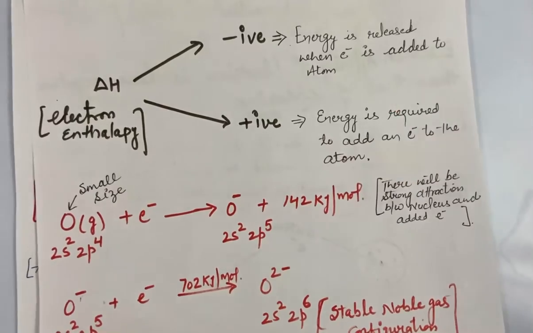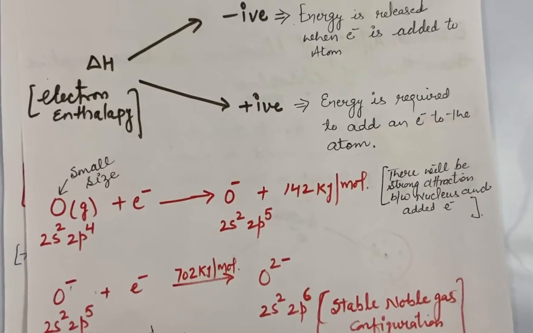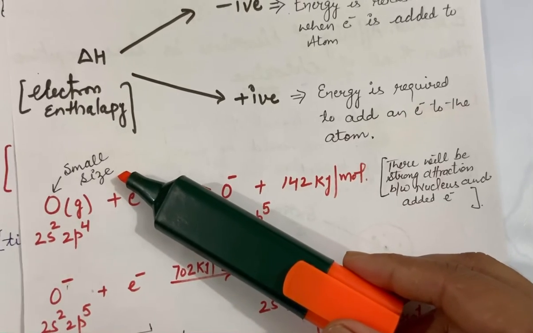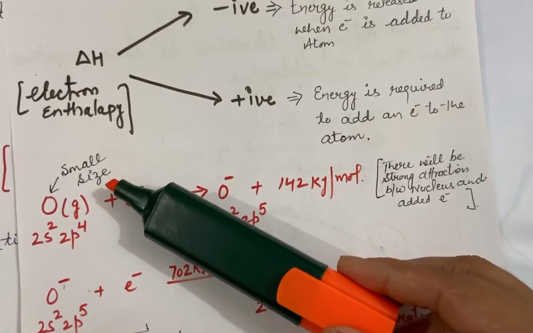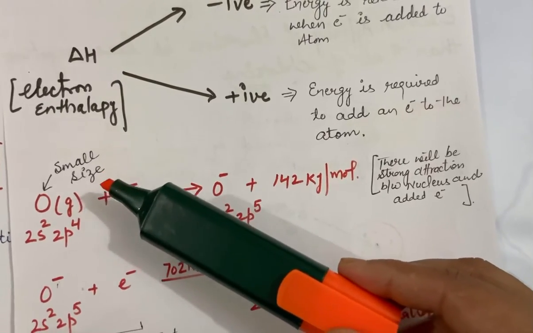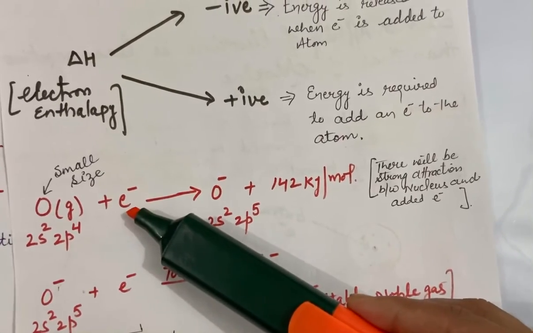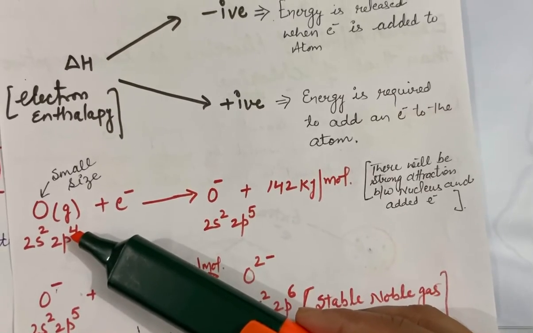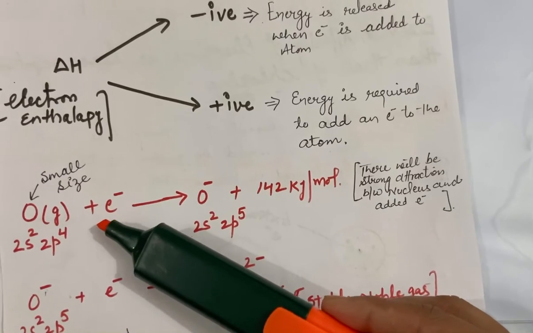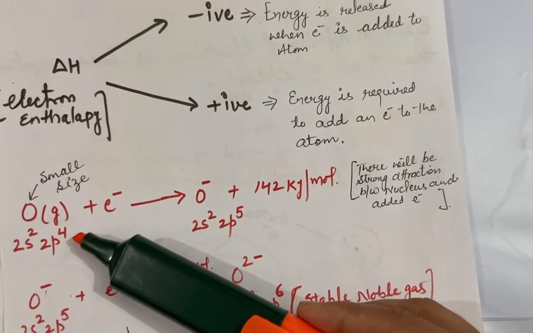So here I have taken the example of the O atom. Now we know the oxygen atom is small in size, so it has strong attraction for the added electron. If we add one electron to the oxygen atom, the added electron will feel strong attraction by the nucleus of the O atom.